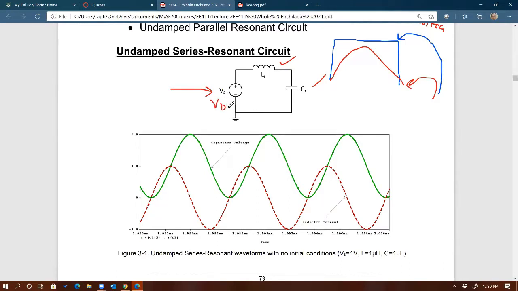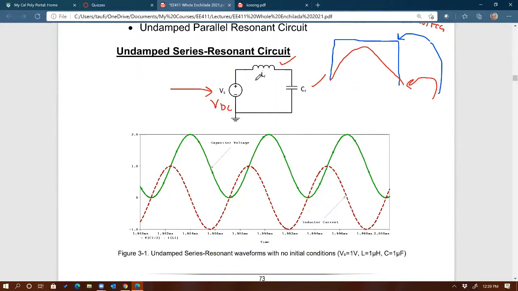And you learn that if you have a DC source and you connect it to an ideal inductor as well as an ideal capacitor, then what's going to happen? That's why you learn about differential equations, one of the calculus courses that you took at Cal Poly. And you learn that this type of circuit gives you a second order system.